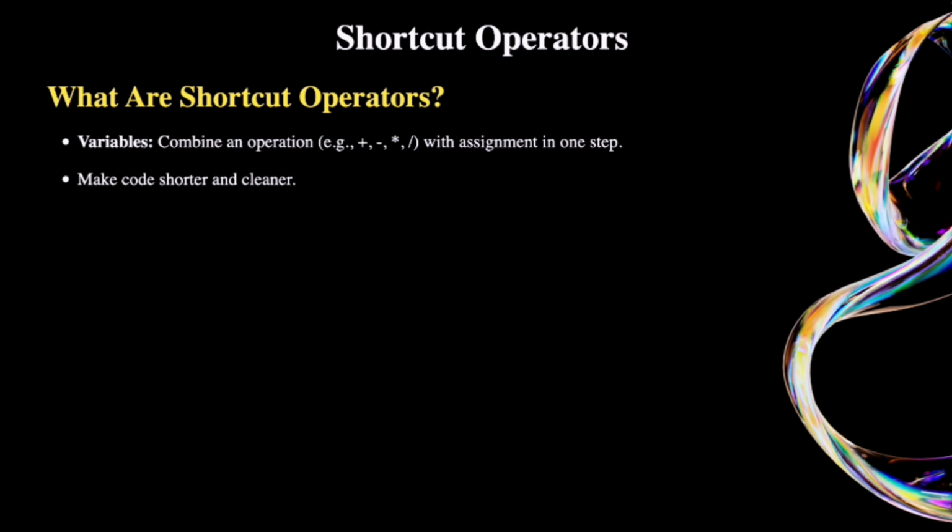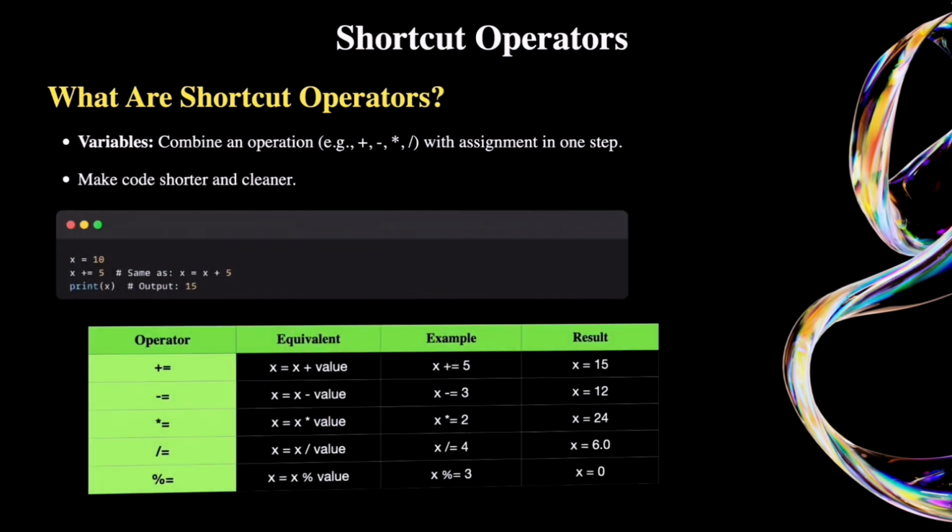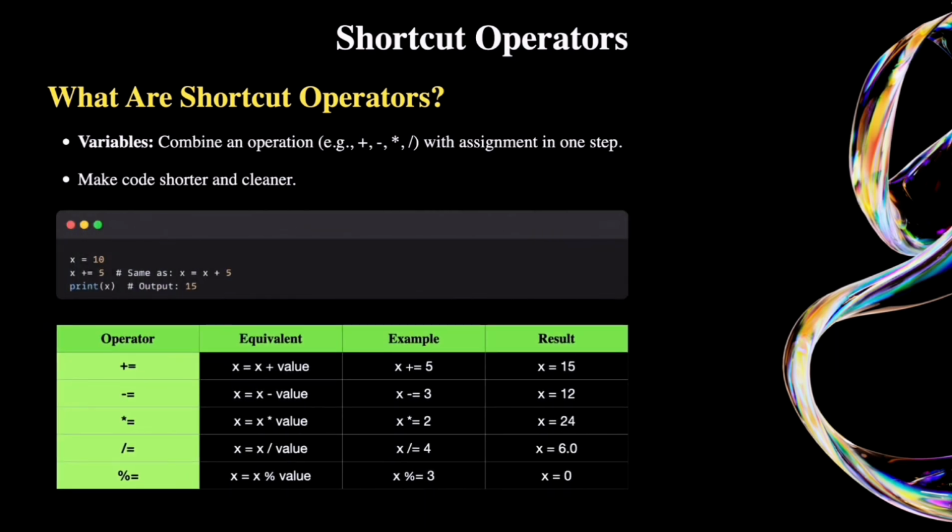An example of using the plus equals operator is shown here. We initially assigned the value 10 to variable x. Then we used the shortcut operator +=, and when we wrote x += 5, Python understands it as x = x + 5, meaning add 5 to the current value of x. The final calculated value is 15, which is now stored in x. So, you can use shortcut operators in your code according to your requirements.